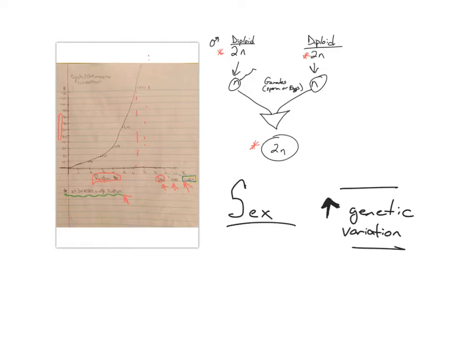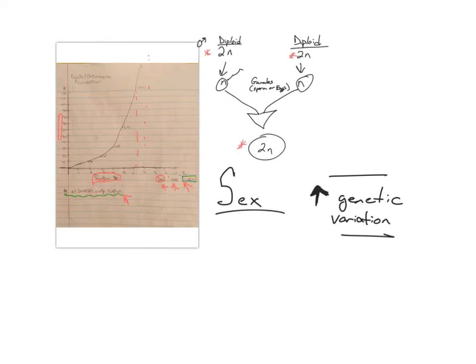Bacteria and other asexually dividing creatures have a limited set of genes, and even though bacteria have a way of recombining their genes through something called conjugation, which is similar to sex in the sense that DNA is shared between two organisms, genetic variation occurs in meiosis in two ways.